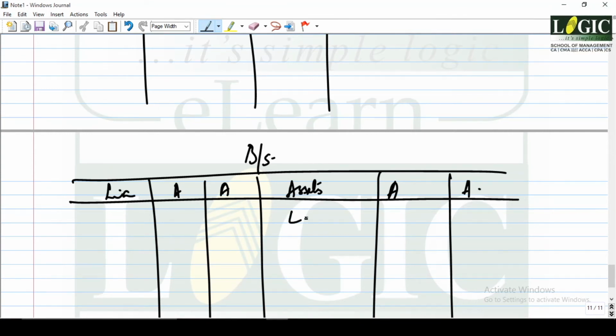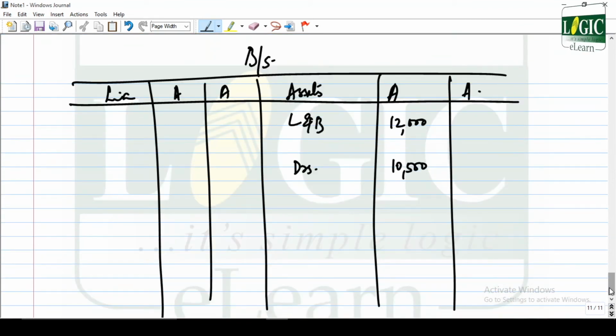Land and building has an adjustment, so I am writing 12,000 in the inner column. Then debtors, 10,500 again in the inner column. Bills receivable has no adjustment, so I am doing it in the outer column, 7,000.